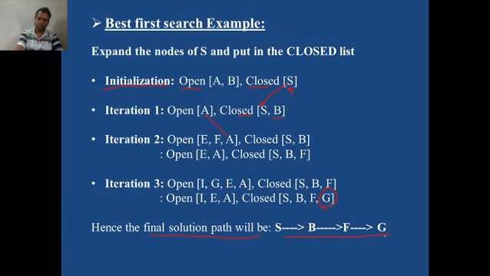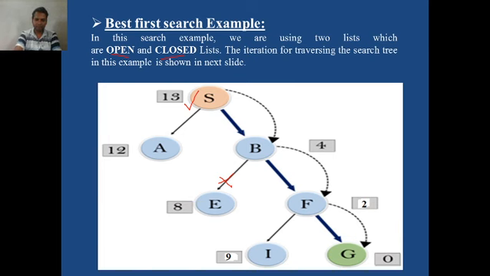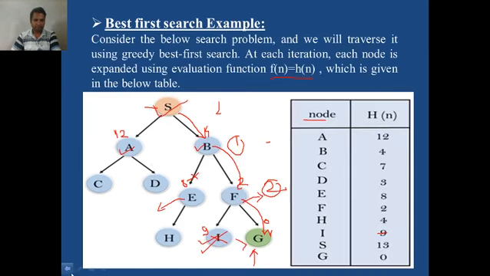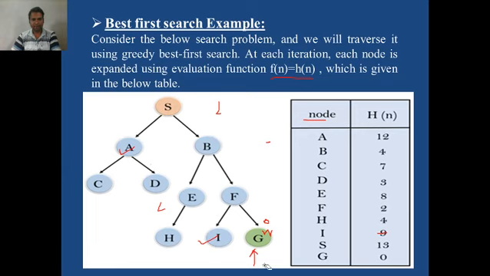So what is the total cost associated with this particular path? You can check, for example, the cost associated with this final path. The cost associated with node B is 4, the cost associated with node F is, yes, how much?